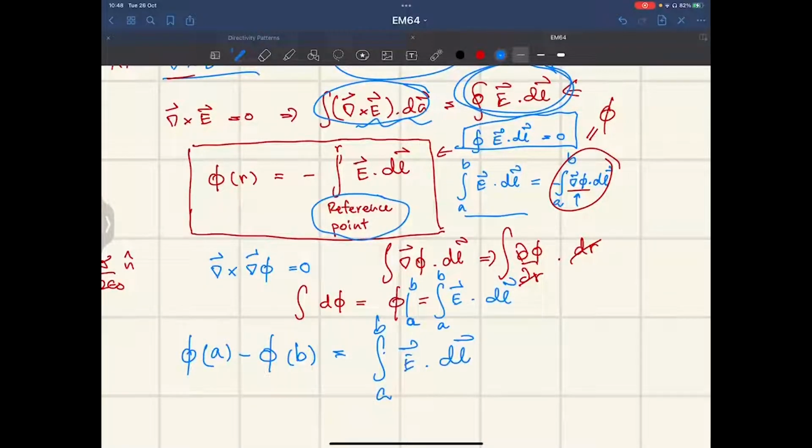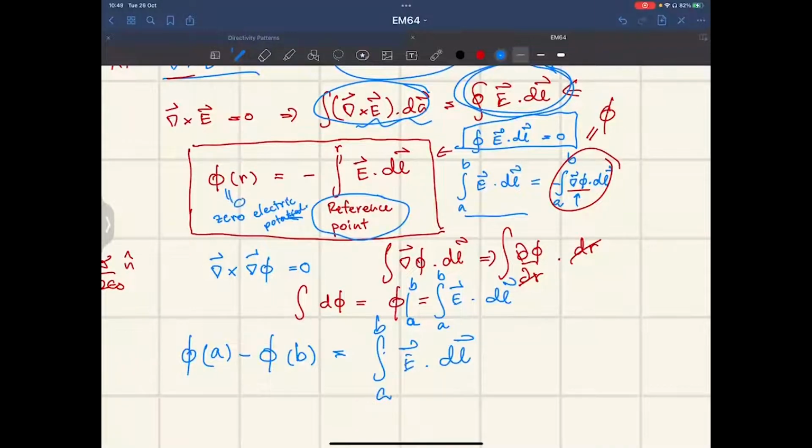Okay. So in this case, we want to know the reference point that gives you 0 electric potential. This has to give you 0 electric potential, which means that this thing is equal to 0.